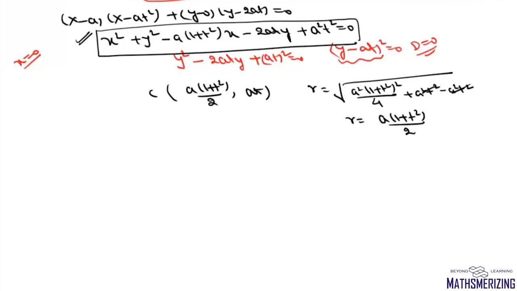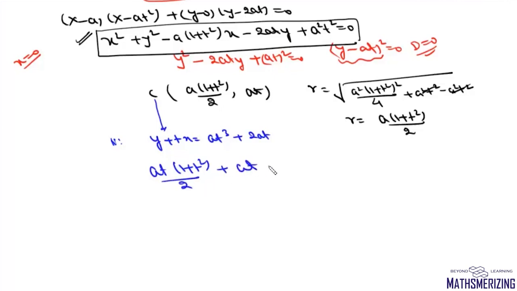Now what we'll do is, we'll write the equation of the normal at P. So the equation of the normal at P will be y plus tx equals at cube plus 2at. Now we'll find the perpendicular distance of the normal from the center. So the perpendicular distance from the center will be |at(1 plus t square)/2 plus at minus at cube minus 2at| upon under root of 1 plus t square.